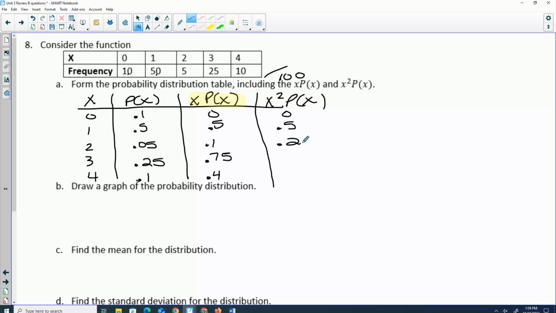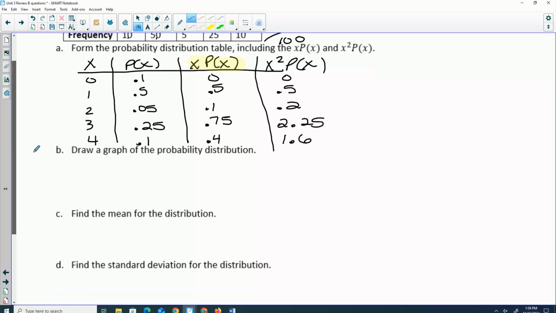Do you guys know where I'm getting these numbers? Okay. 3 squared is 9 times 0.25, 2.25. 4 squared is 16 times 0.1, 1.6. So we made the probability distribution, we added in the extras because I asked for them.